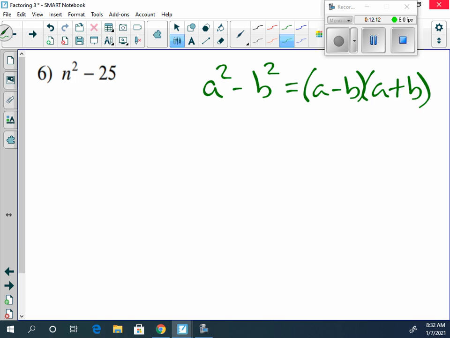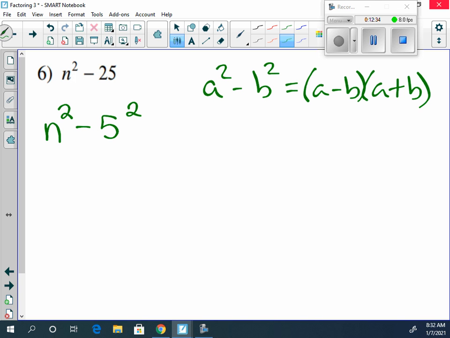So if I really wanted to write it out like this for our problem, we'd have what? Well, it'd be n squared minus, how would I rewrite 25 as something squared? 5 squared. So to get it in this form, a squared minus b squared, we could see it as n squared minus 5 squared.